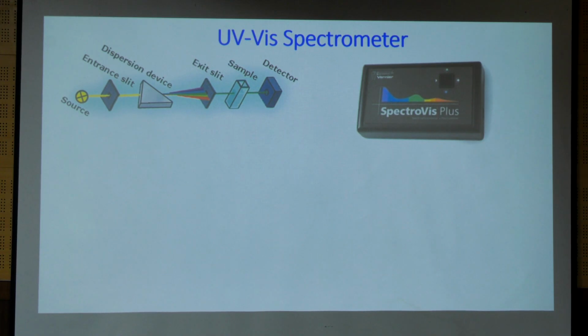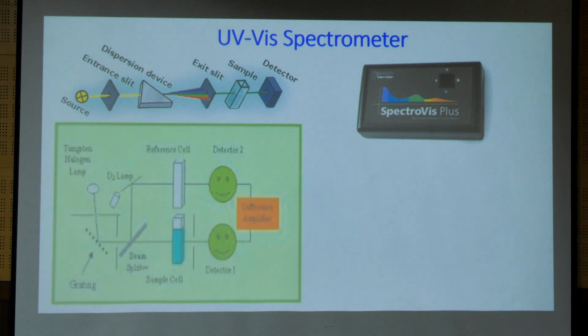But most of the time we use another system. If it is a bigger system, then we will use a reference cell. Always we go with a reference cell of a blank sample with respect to your sample. Otherwise, in this case, whether the signal is given by the solvent or your material, we don't know.